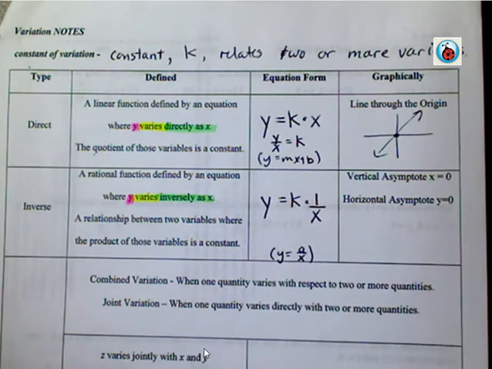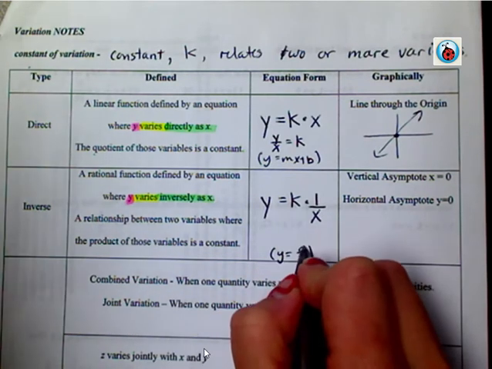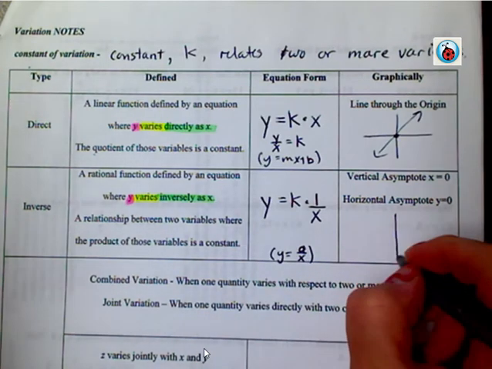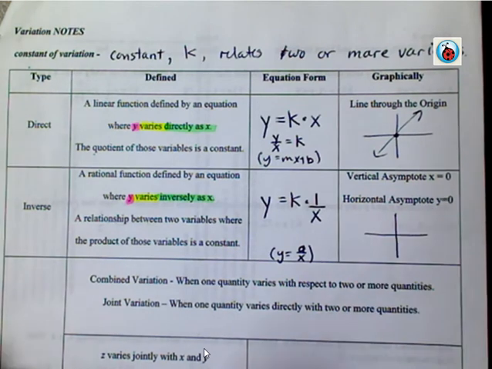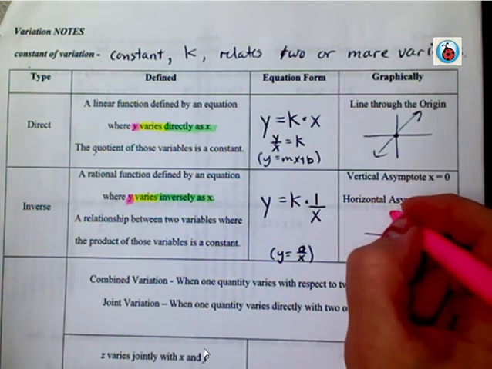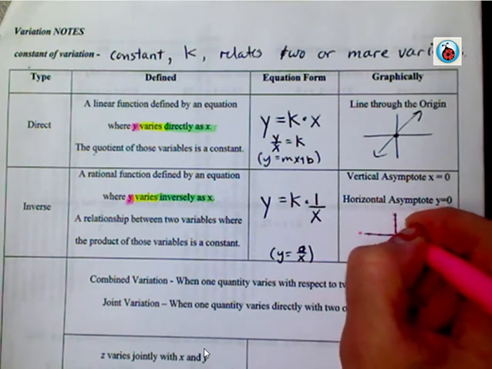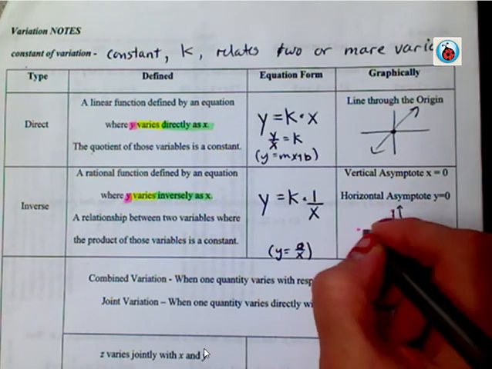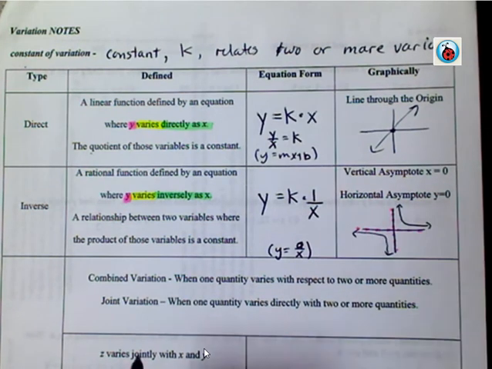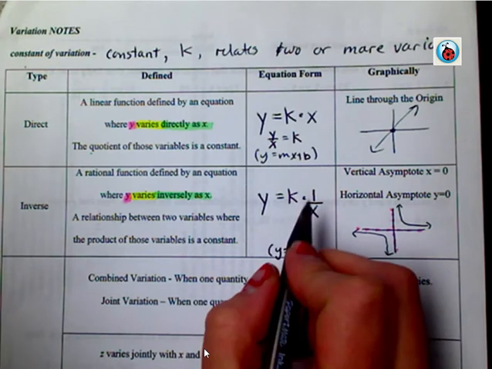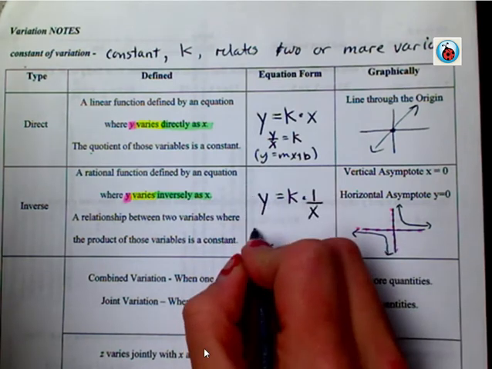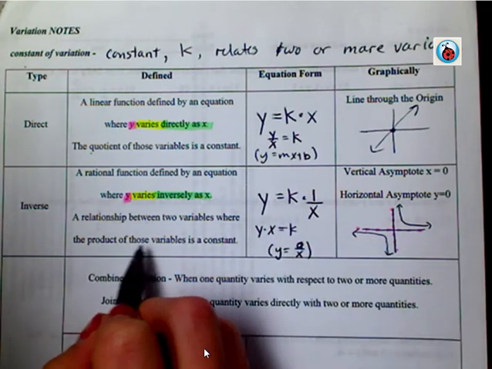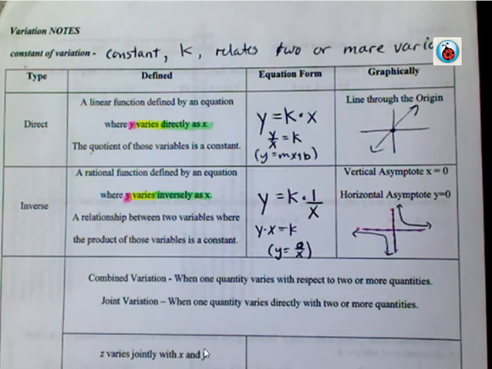It's the rational function, parent function, where a is the stretch value, which represents this k value, which means this is the graph that has a vertical and horizontal asymptote. And it looks like this. If I were to rearrange this equation and multiply both sides by x, you end up with the product of those variables is the constant of variation.